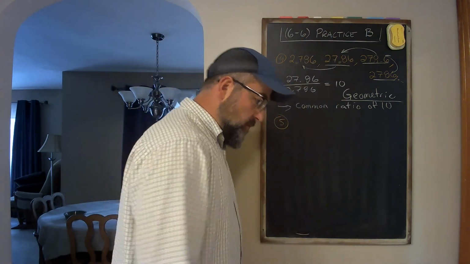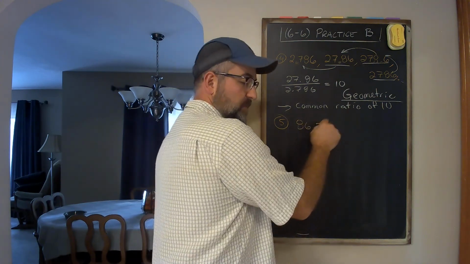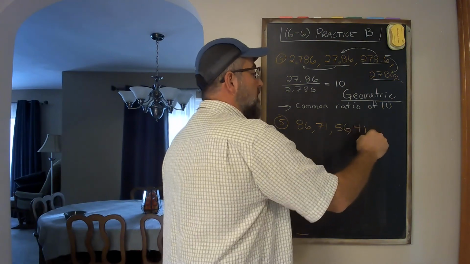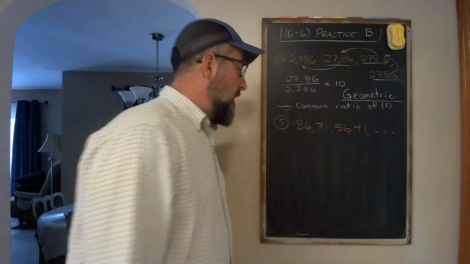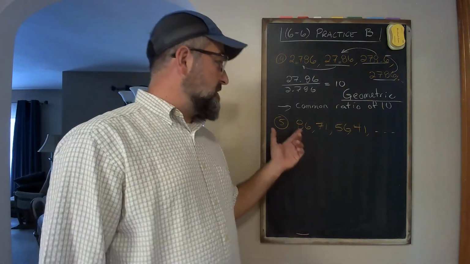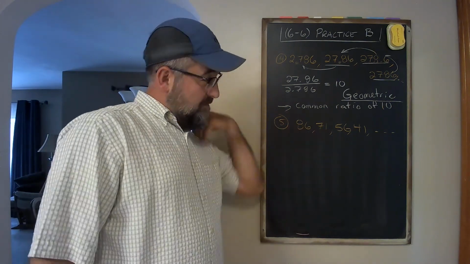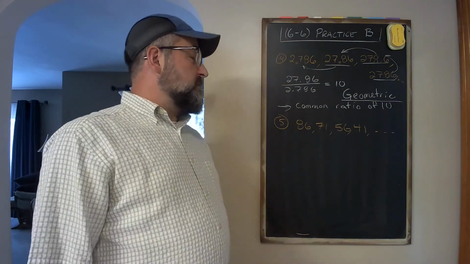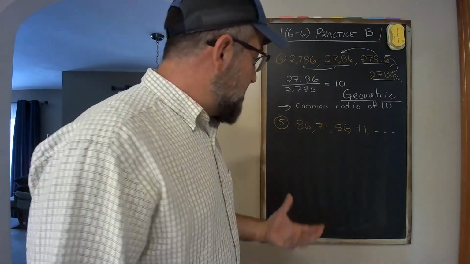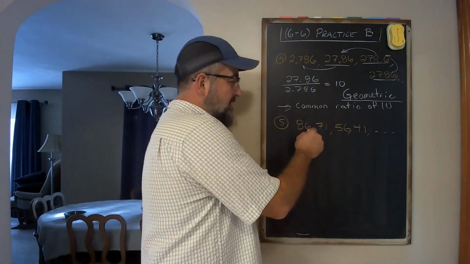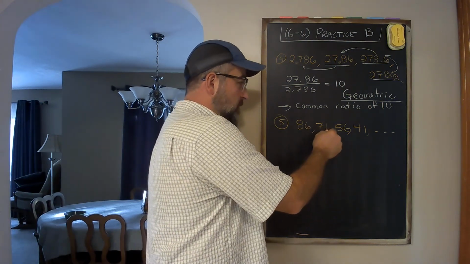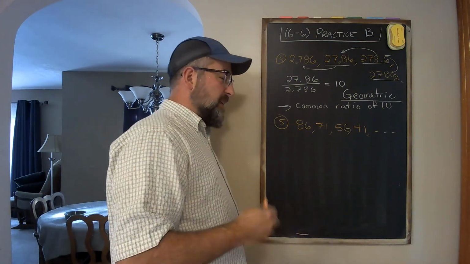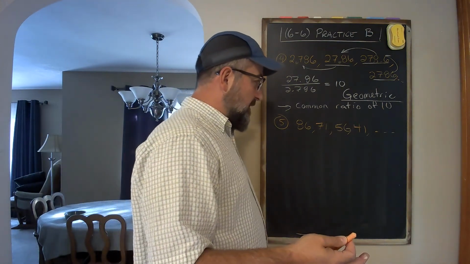Number 5, we have 86, 71, 56, 41, and so on. Okay, if it's multiplication, nothing seems obvious to me. It's getting smaller, so it would be some fractional value. But because 86 ends in a 6, 71 ends in a 1, 56 ends in a 6, 41 ends in a 1, I'm thinking it's probably something's being subtracted.